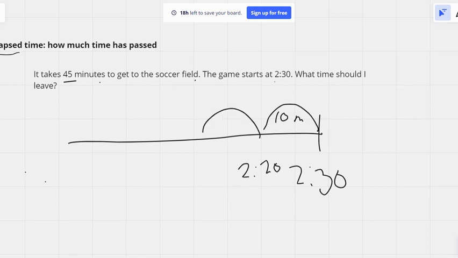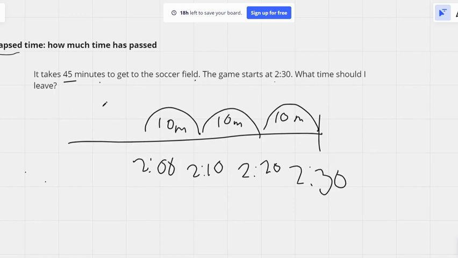Then I'm going to do 10 minutes again. 2:20 minus 10 minutes is going to be 2:10. And then I'll do another one, minus 10 minutes. So I'm going backwards 10 minutes. So 10, 10, 10. So now that's going to be 2 o'clock.